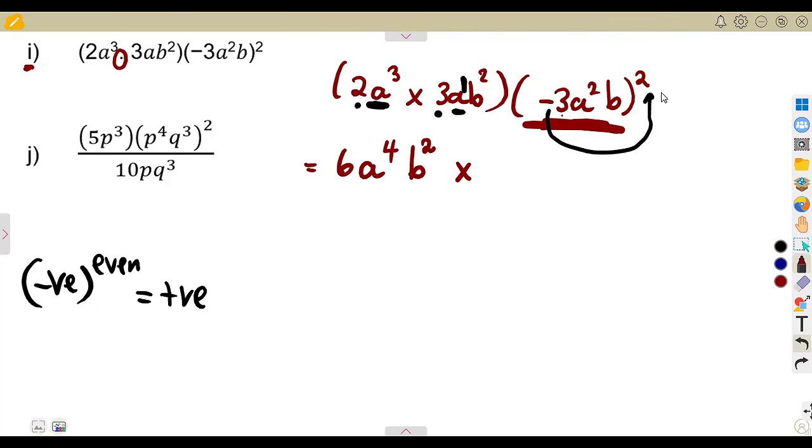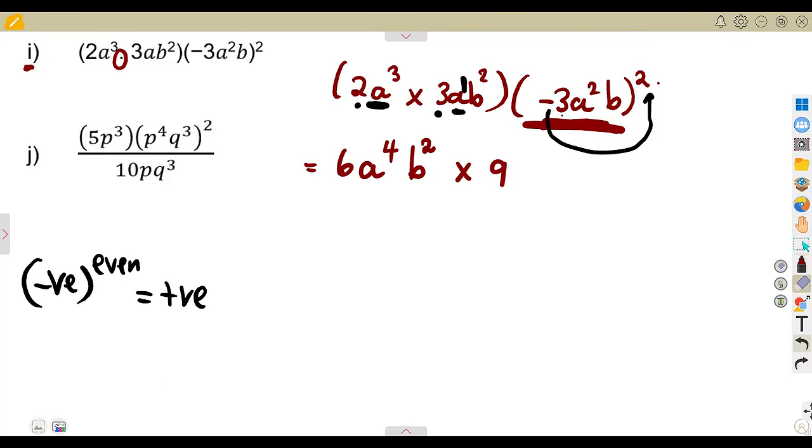So you raise minus 3 to the exponent of 2, or simply minus 3 times minus 3. That's a positive 9. Negative times negative is a positive. So that is positive 9.